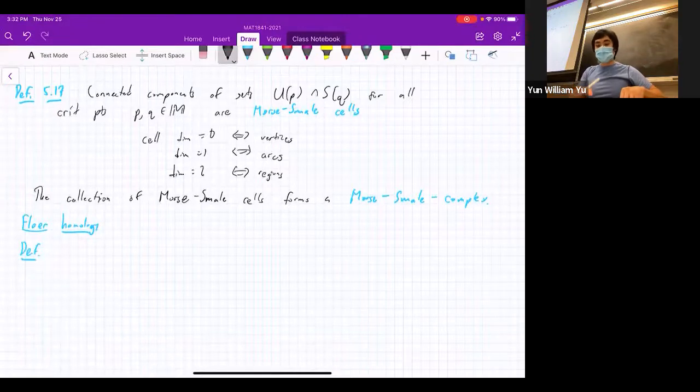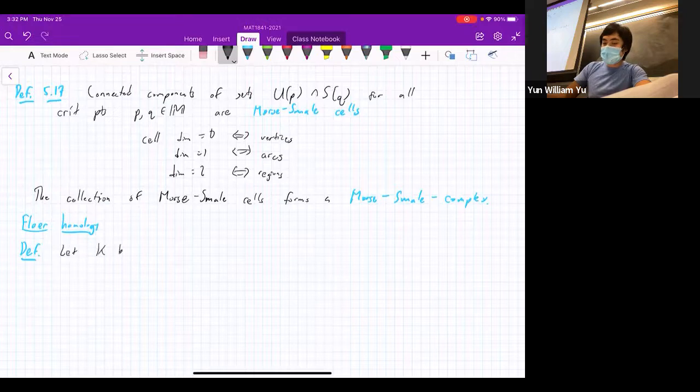So we're going to define chains again. More precisely, if we let K be a Morse-Smale complex, let's define a Q chain as a formal sum, just like we did with simplicial complexes.